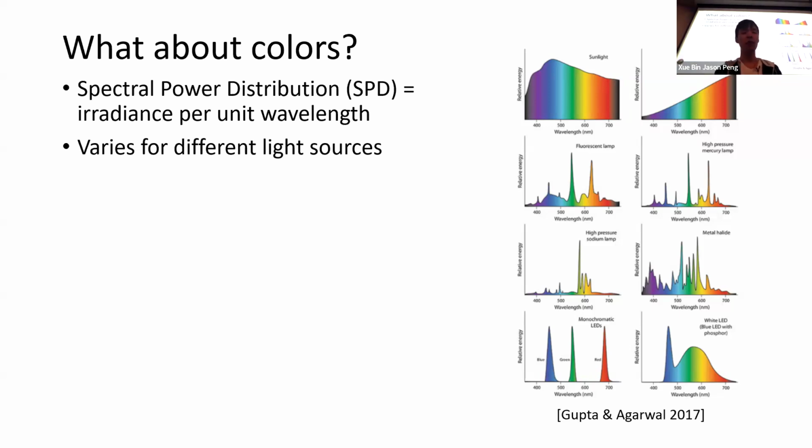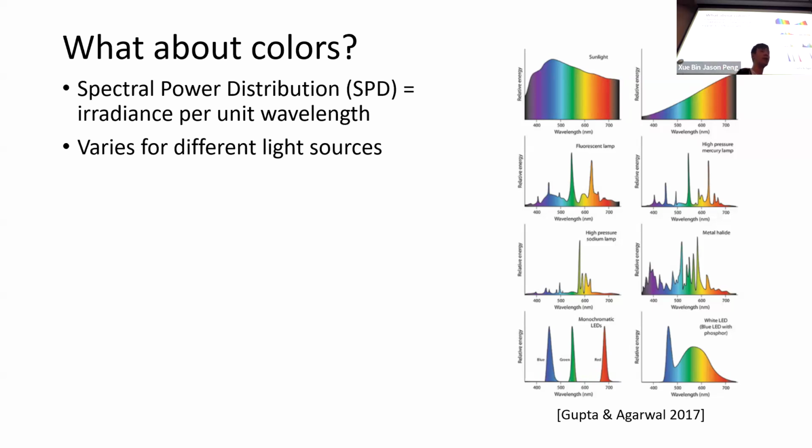And you can think of the spectral power distribution as a histogram that tells you how much light of different wavelengths is being emitted by the light source. In these spectral diagrams, on the x-axis, we have the wavelength of light. And on the y-axis, we have the amount of light that's being emitted at those different wavelengths.